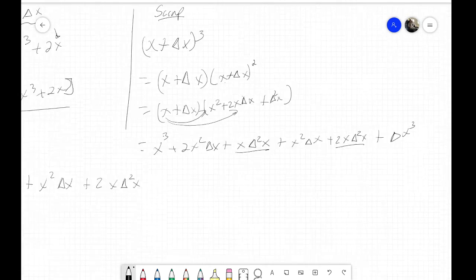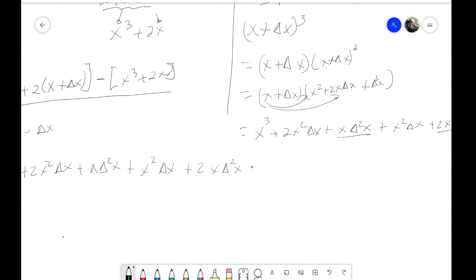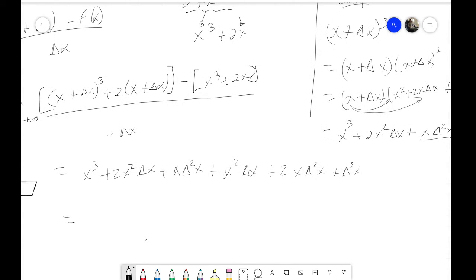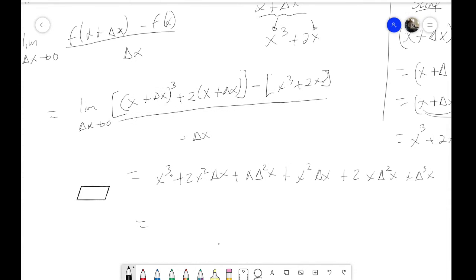Plus delta x cubed. Okay, so it looks like I could combine a few things. Remember, this is the limit as delta x goes to 0 of this whole thing.